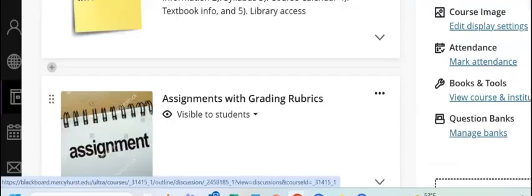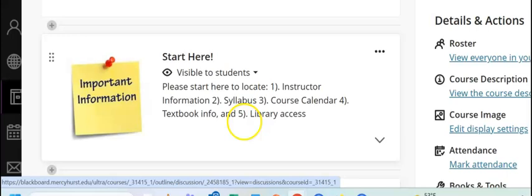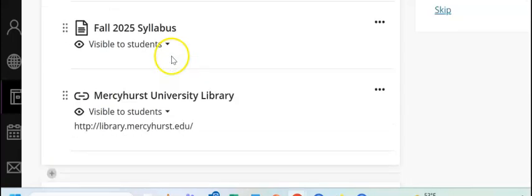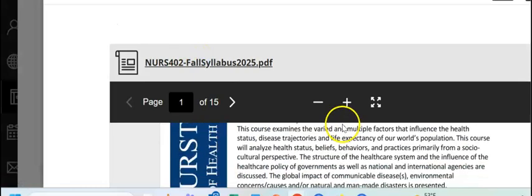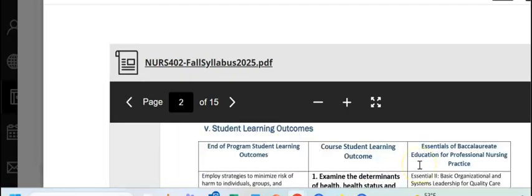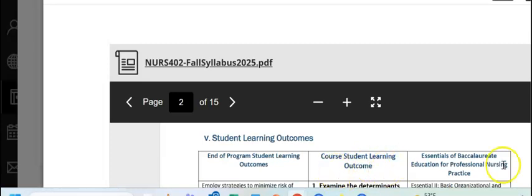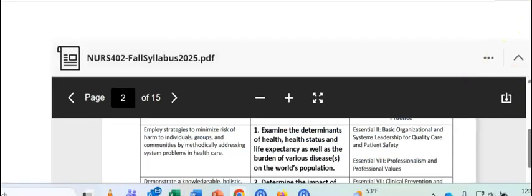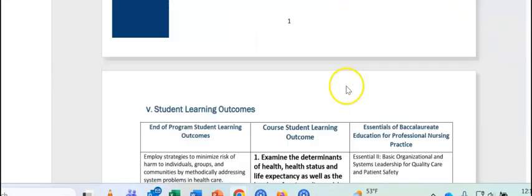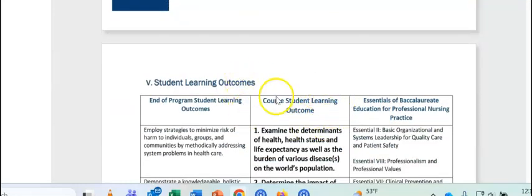If you go back to the beginning, you're going to see that the syllabus is found within here, and you can look at the syllabus. You would go to page 2 of the syllabus, and you will see at the top of this page, course student learning outcomes. So this is the nursing program that you're in, the end of program student learning outcomes for your nursing program.